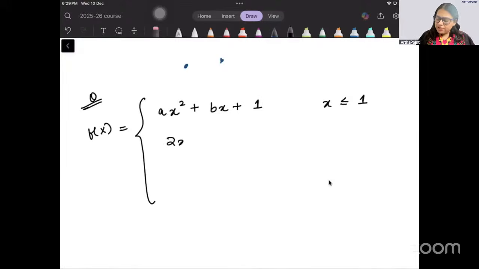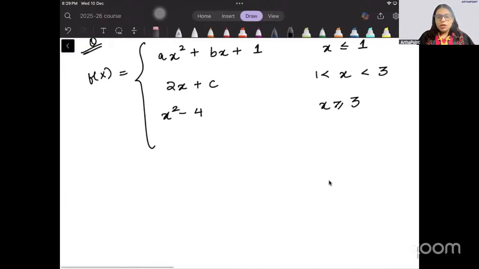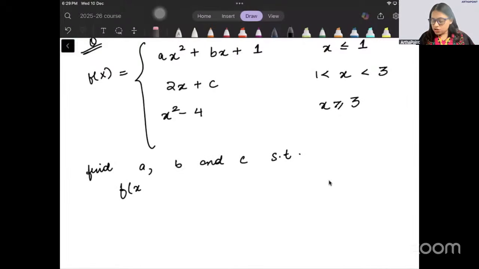This is a very famous question, especially when it was a JNU paper, these kinds of questions were very popular. X square minus 4 for x greater than or equal to 3. Find A, B, and C such that the function is continuous on R. Give it a try.